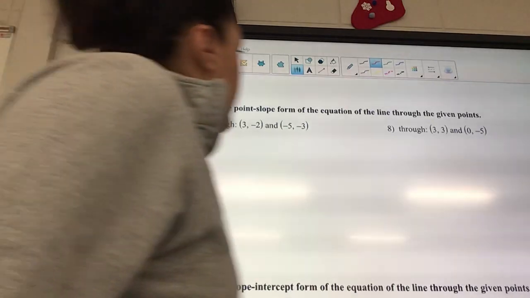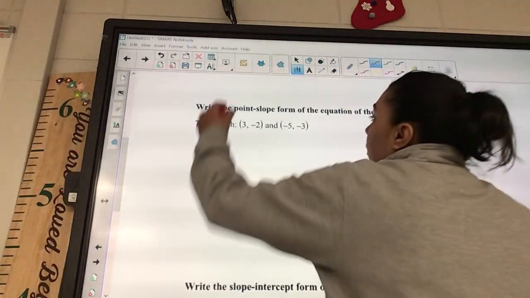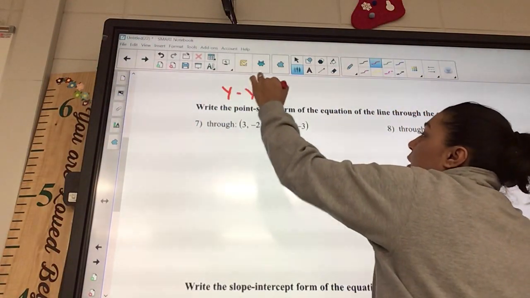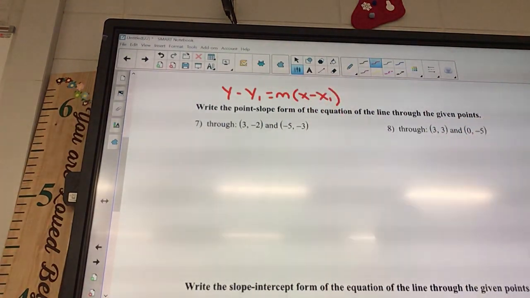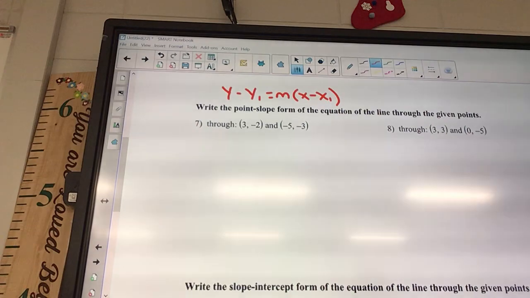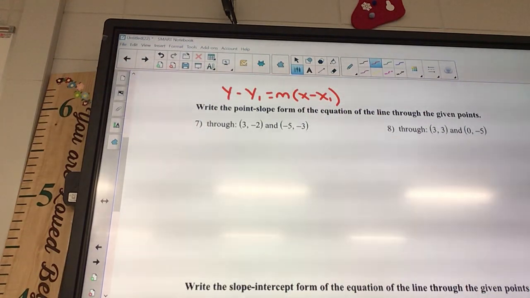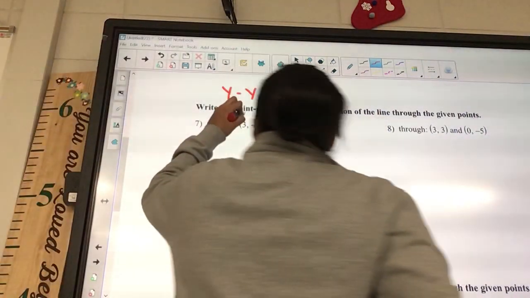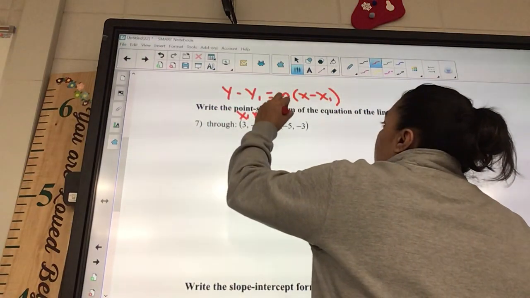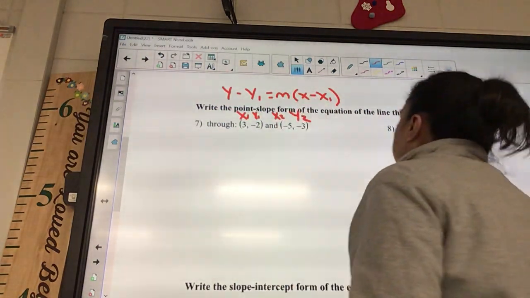Okay, 7. It says write the point slope form of the equation. So we got y minus y1 equals m times x minus x1. Okay, that's what I need my answer to look like. What did they give us in the problem? Okay, well they gave us 2 points. Okay, so we're going to label these x1, y1, x2, y2.